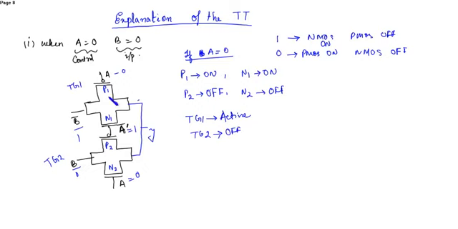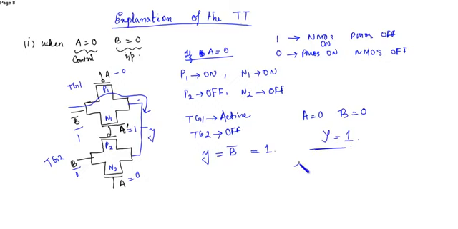So when TG1 is active, then the input B bar will be available at the output Y. So Y is equal to B bar. If B is 0, then B bar is 1. So if A is equal to 0, B is equal to 0, then in the XNOR gate the output Y is equal to 1. So here the first condition is verified.